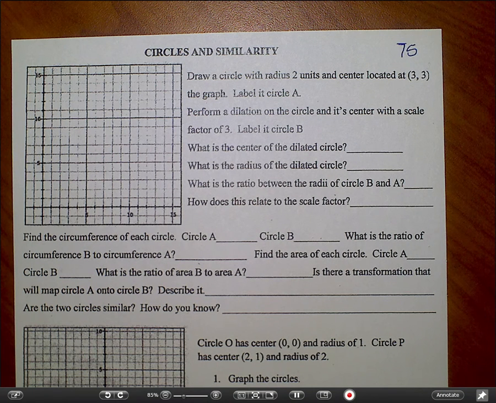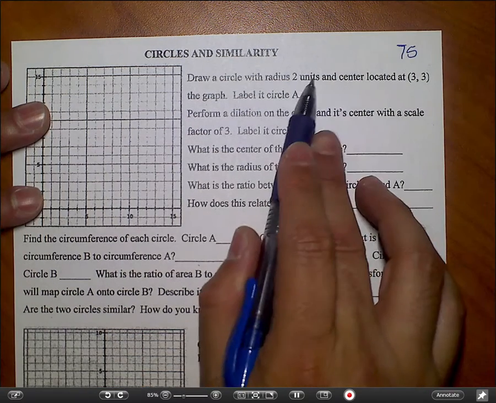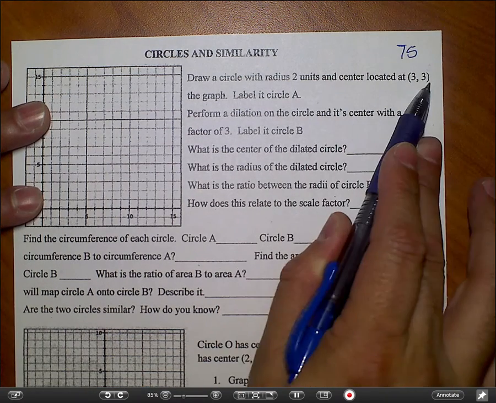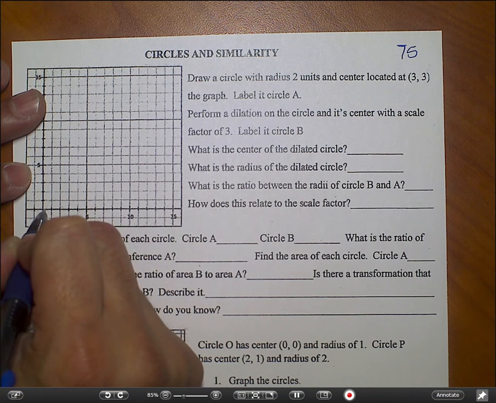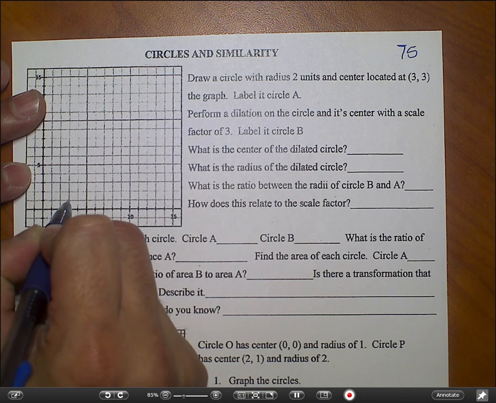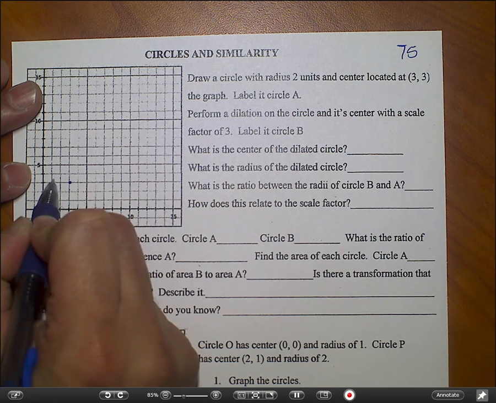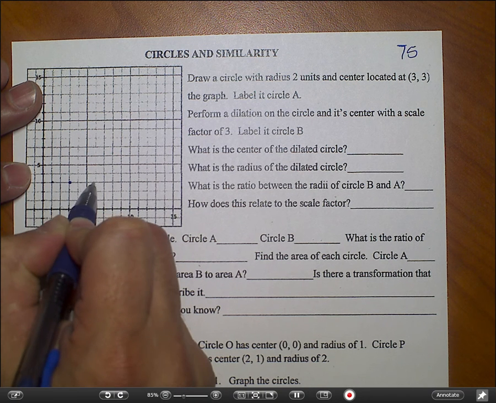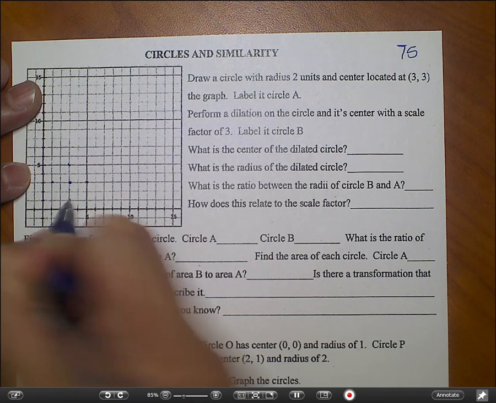So it says draw a circle with the radius 2, center located at 3, 3. All right, let's go 3, 3. 1, 2, 3. 1, 2, 3. The radius is going to be 2, so I'm going to go out 2 units right, 2 units up, and 2 units down.